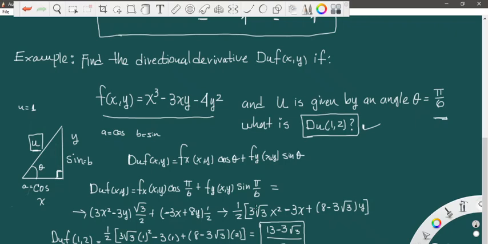You can have this vector u direction using how much it is moving in x and how much it is moving in y, and adding that to this expression so you can have the partial derivative in that direction.